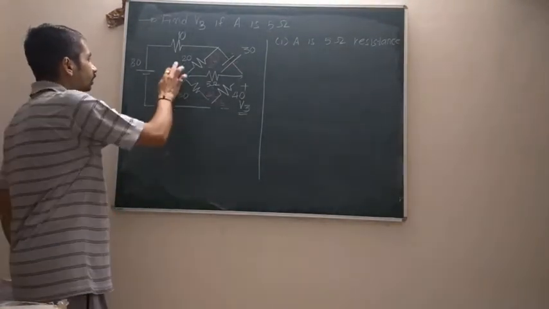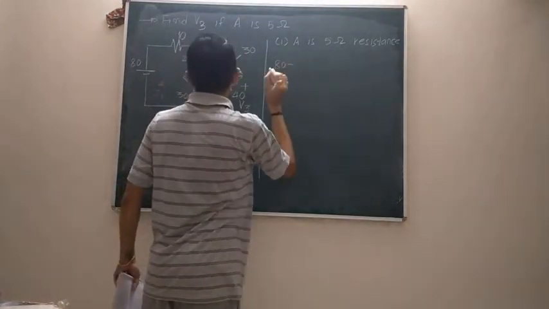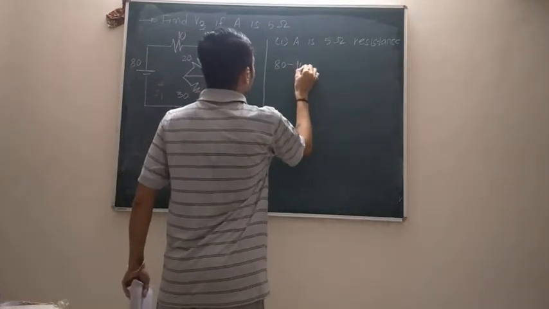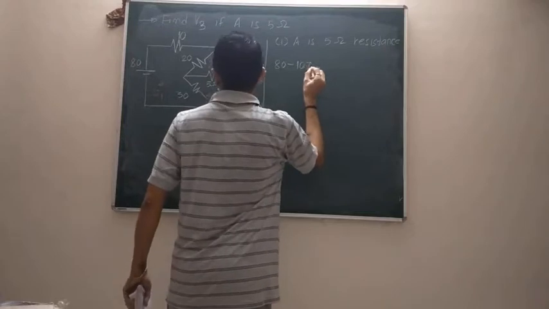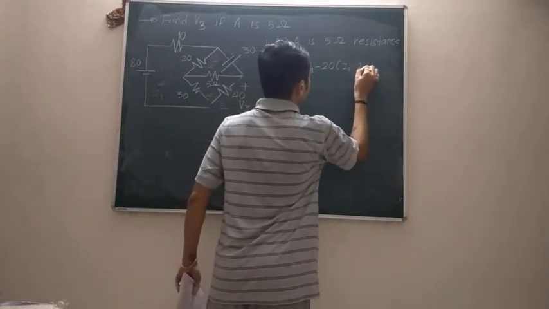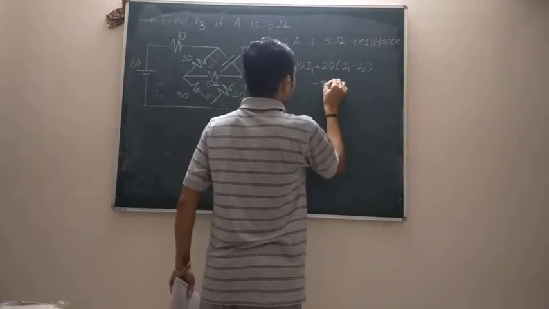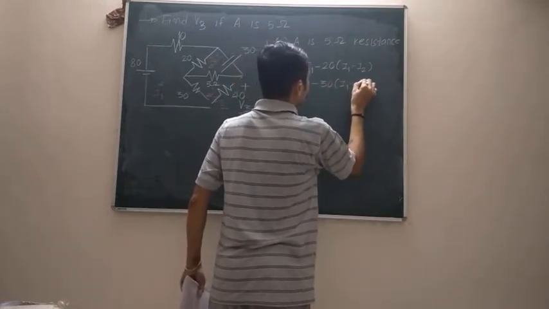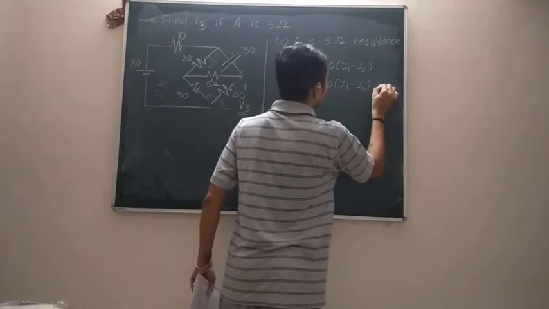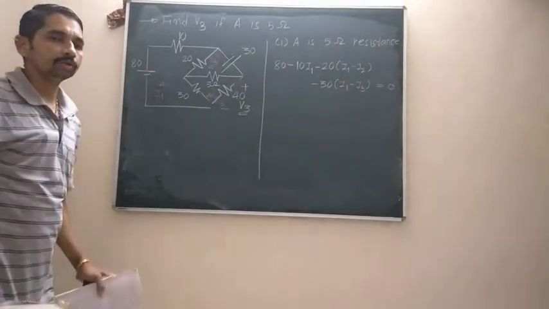So if I apply KVL to my first loop, what equation will I get? 80 minus 10 into I1 minus 20 into (I1 minus I2) minus 30 into (I1 minus I3), and their entire addition is going to be equal to 0.